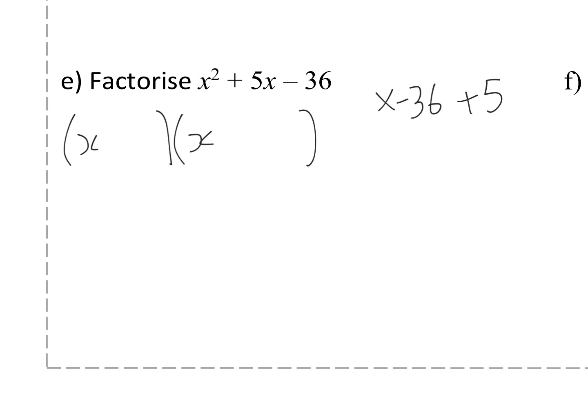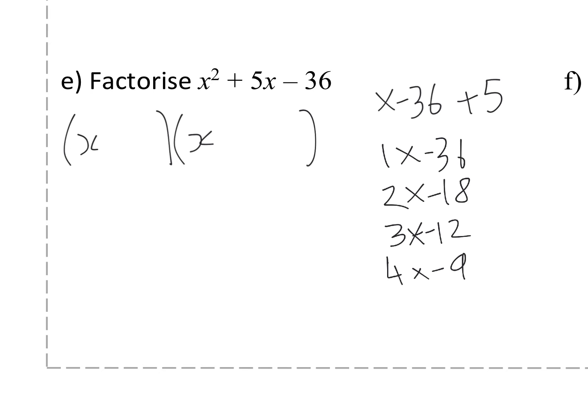So we think of all the multiplications that would give minus 36. So we could have 1 times minus 36, 2 times minus 18, 3 times minus 12, 4 times minus 9, 5 doesn't fit in, 6 fits in, 6 times minus 6.